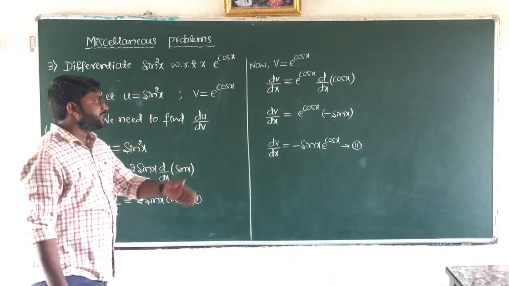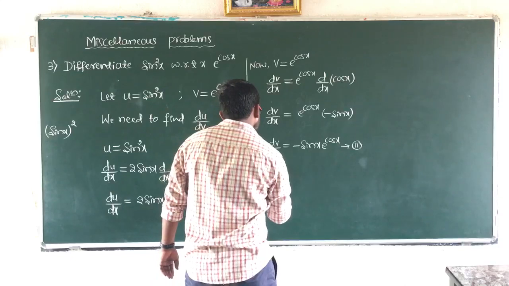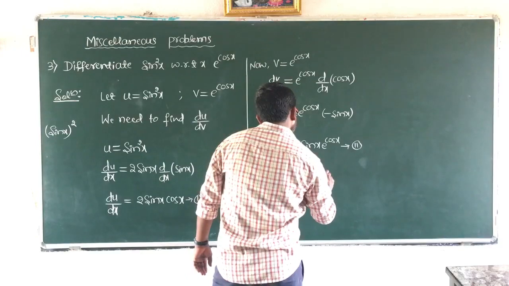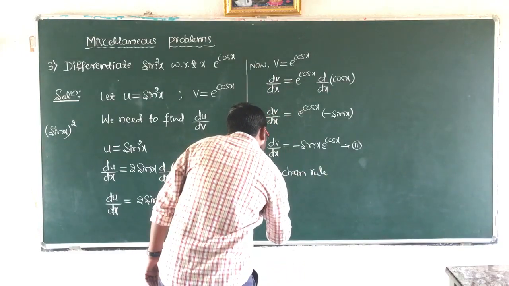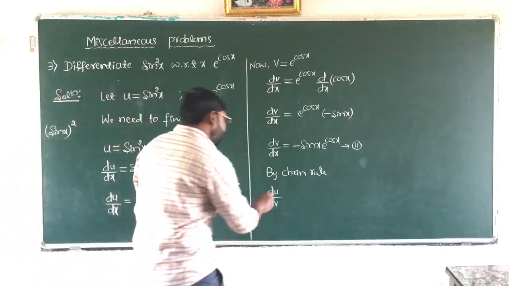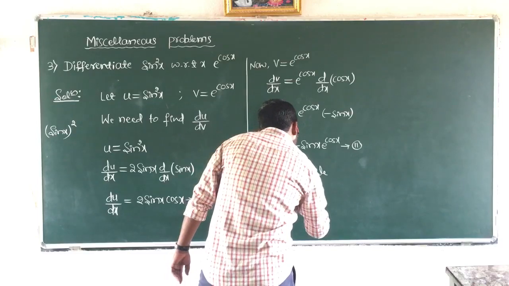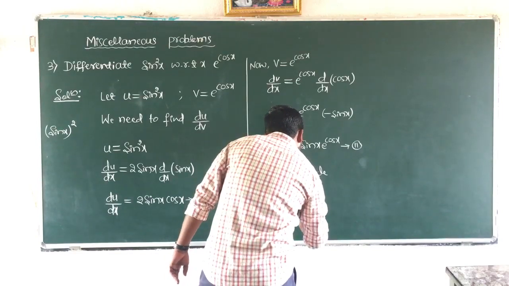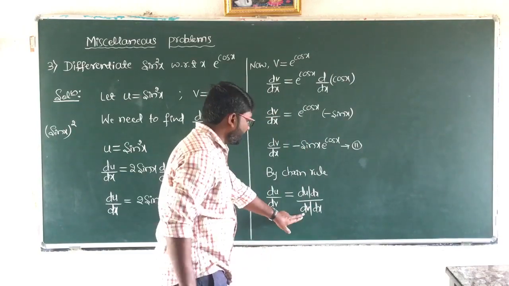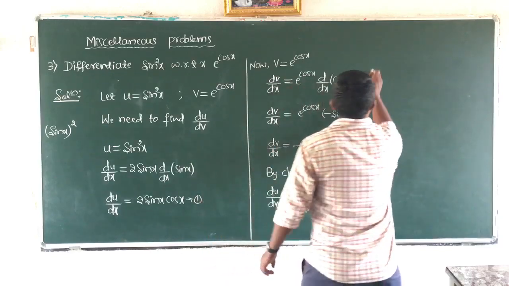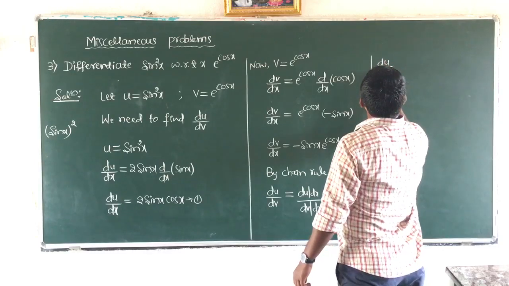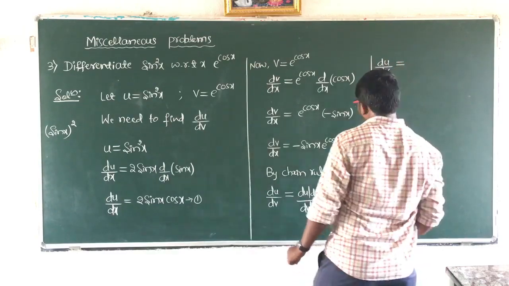So now by chain rule, see here, we need to find du by dv. So du by dv is equal to du by dx divided by dv by dx. So here du by dv is equal to, what is du by dx now?